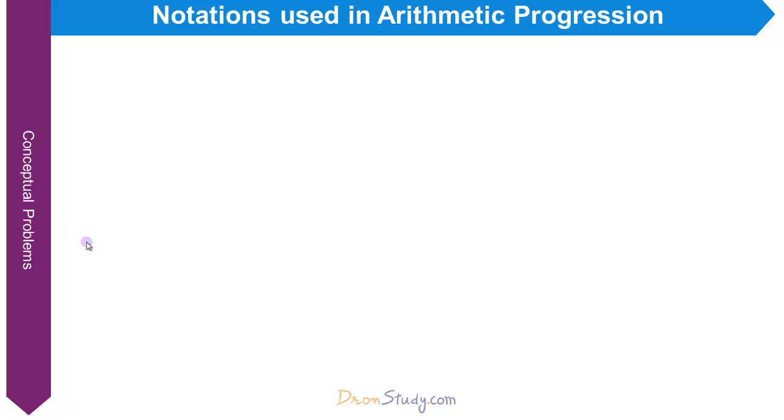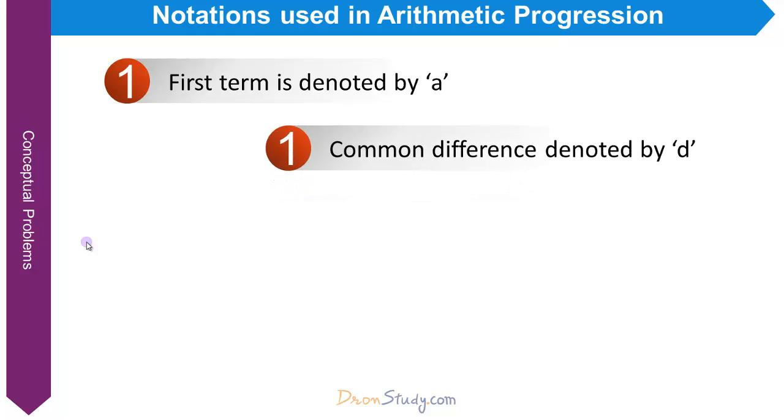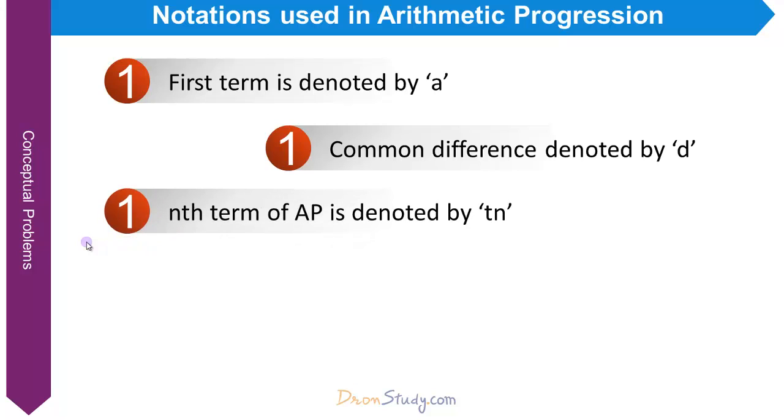Now here we will start with the first step, that is conceptual problems. Before going to the conceptual problems, we will see the notations that are used in arithmetic progressions. The first term is denoted by A, then common difference is denoted by D, then nth term is denoted by Tn, sometimes it is also denoted by An.